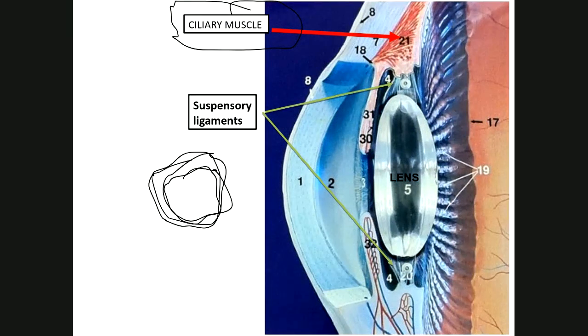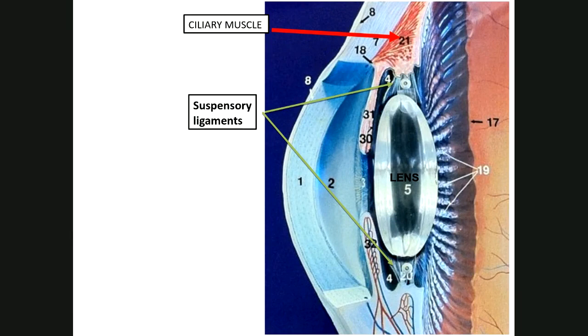And in the center of that ciliary muscle, suspended is the lens. So here's the lens like this, and it has little tiny ligaments. They're called suspensory ligaments. So here are the suspensory ligaments, and you can see them here. That's what these white things are here and here. And they attach the lens to this muscle.